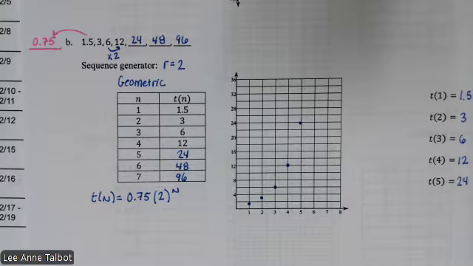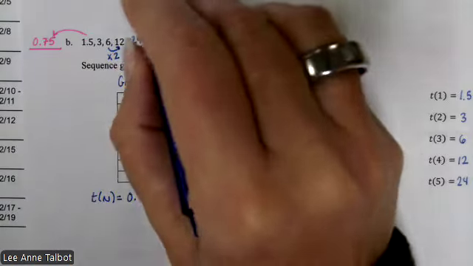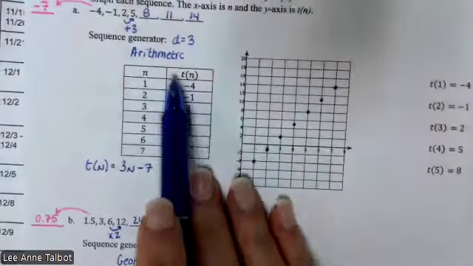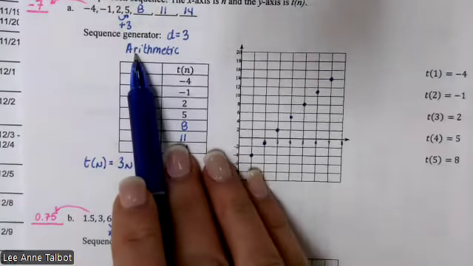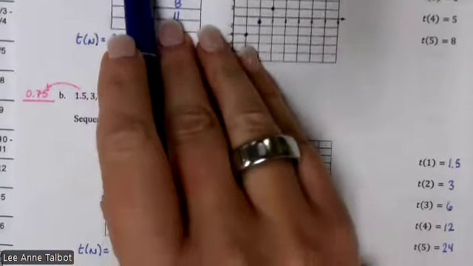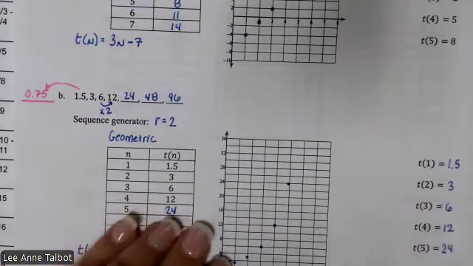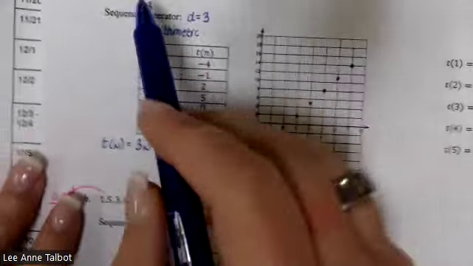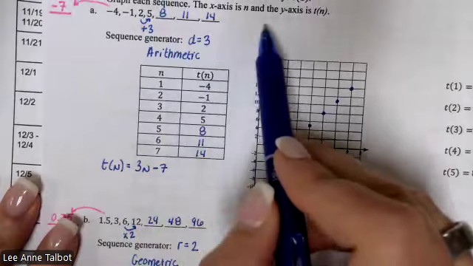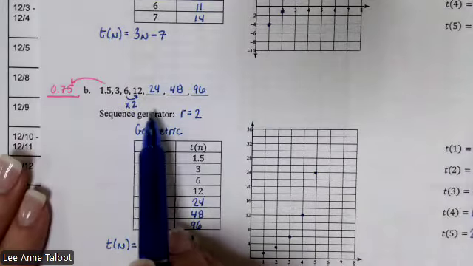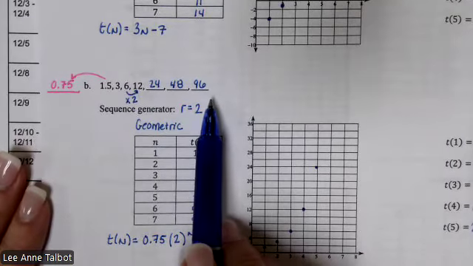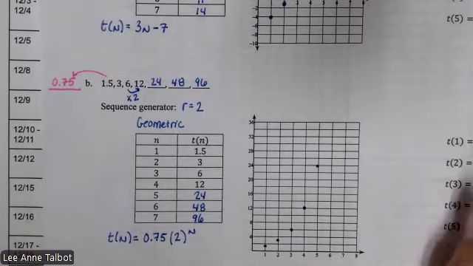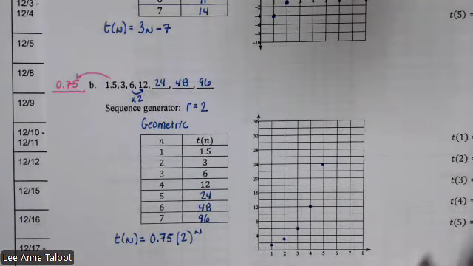So right in this spot on each of them, don't do any of the math, but flip through and write arithmetic, geometric, or neither on all of the rest of them. Arithmetic means it's adding each time. Geometric means it's multiplying each time. And neither means it's weird and not doing either of those two things.